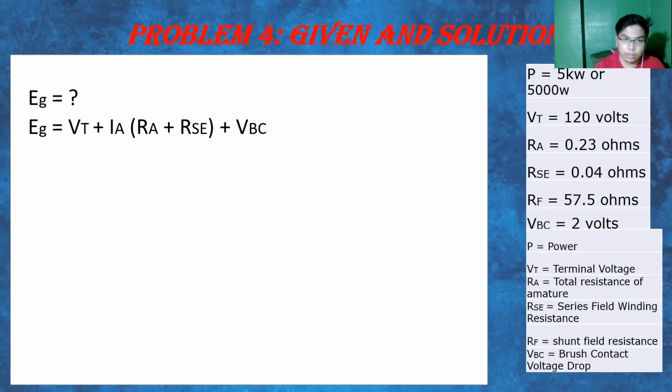Ayan, at ito ang kanyang formula. EG is equal to VT plus IA multiplied by RA plus RSE, plus VBC. So yung IA ay may formula siya na katulad sa kanina nating number 3, ang formula ng IA is IF plus IL.